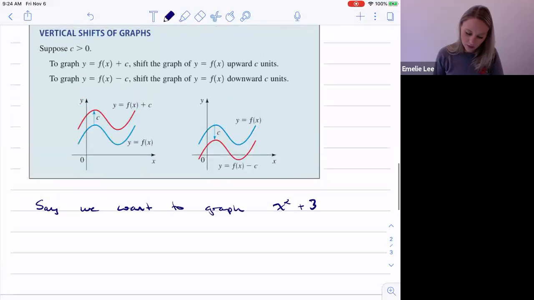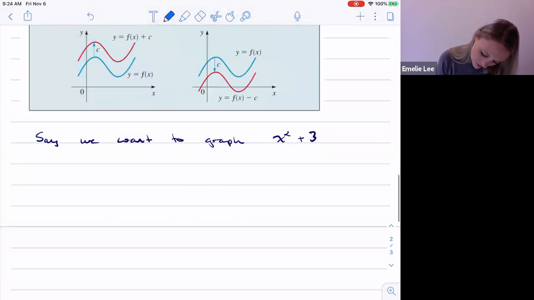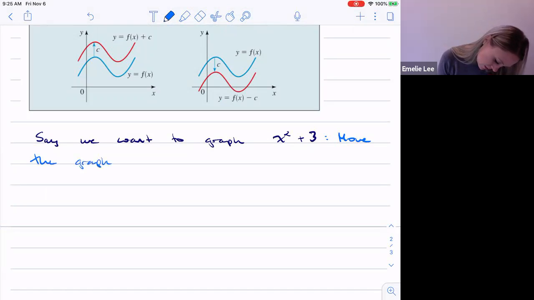We take the graph of x to the power of 2 and we move it up 3 units. Every point on x to the power of 2 is going to get bumped up 3 units.